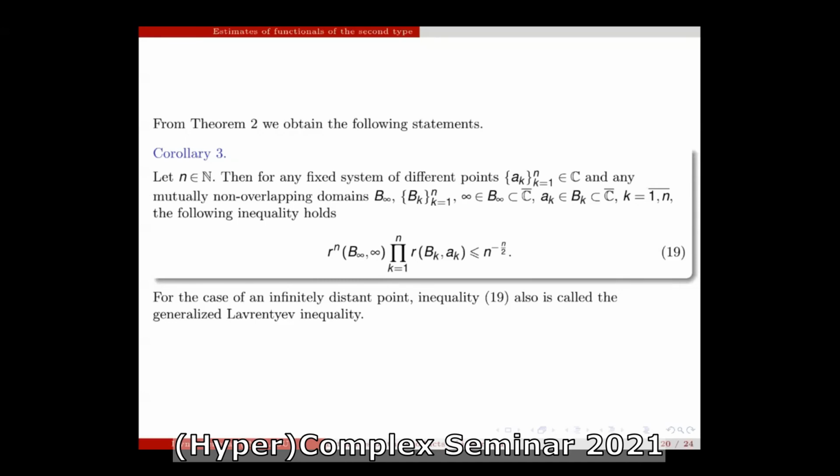If gamma equals n, then we have inequality 19 for any fixed system of different points and any mutually non-overlapping domains: the inequality R(B_infinity, infinity)^n product for k from 1 to n of R(B_k, a_k) is less than or equal to n^(-n/2). For the case of an infinitely distant point, inequality 19 is also called the generalized Lagrangian inequality.